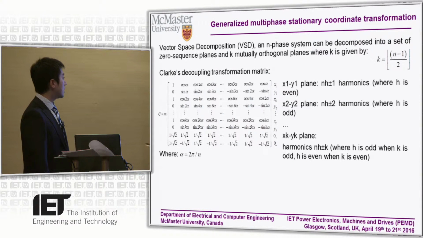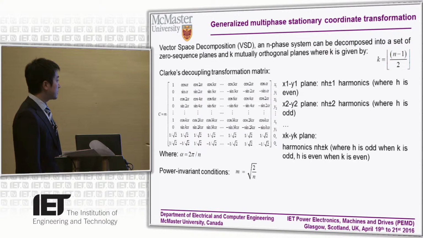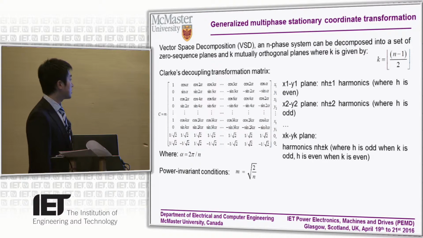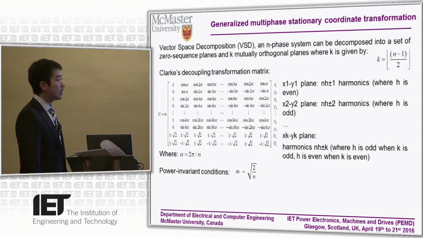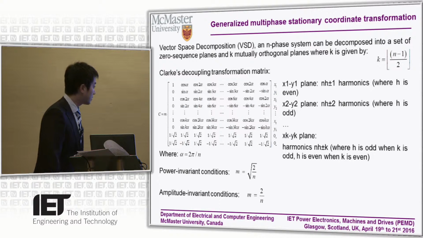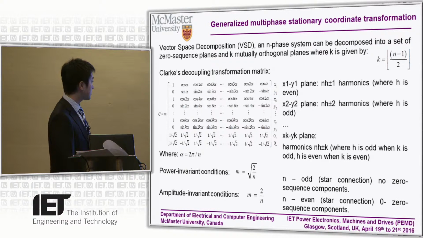Alpha equals 2 pi over the phase number of this system. Due to the different conditions, we have a different scalar m. For the power invariant condition, m equals the square root of 2 over n, and for the amplitude invariant condition, m equals 2 over n.